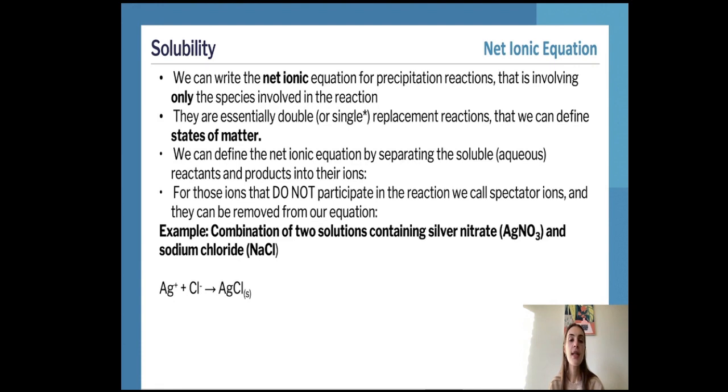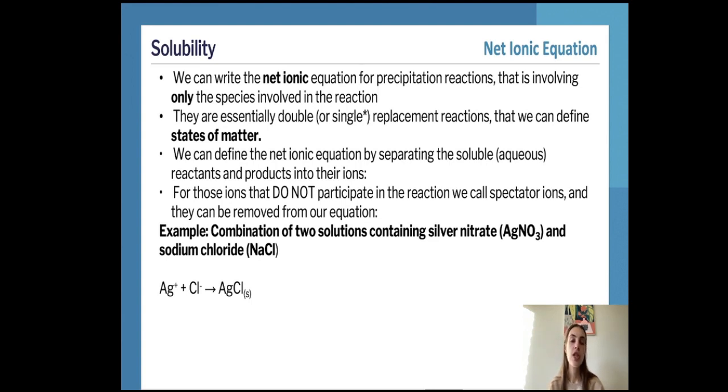When we're considering the combination of the two solutions containing silver nitrate and sodium chloride, we know that the sodium and the nitrate ions don't participate in forming a precipitate, because they are soluble and just dissolve into the solvent.